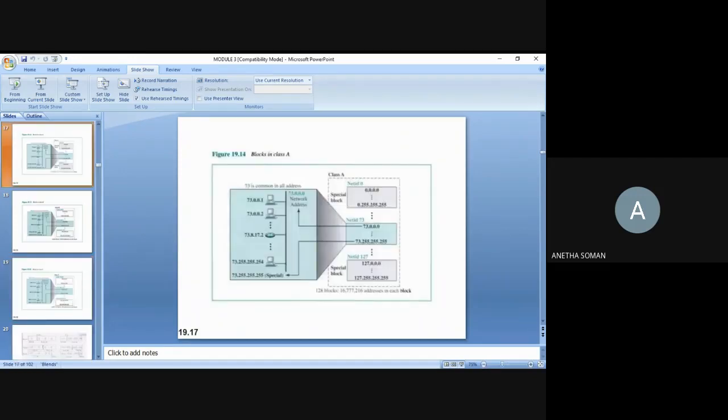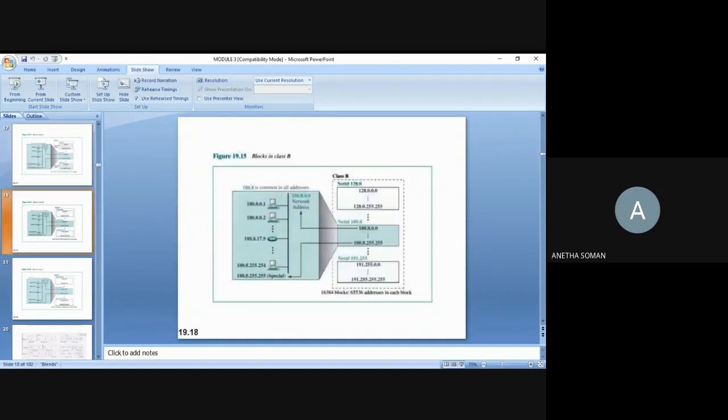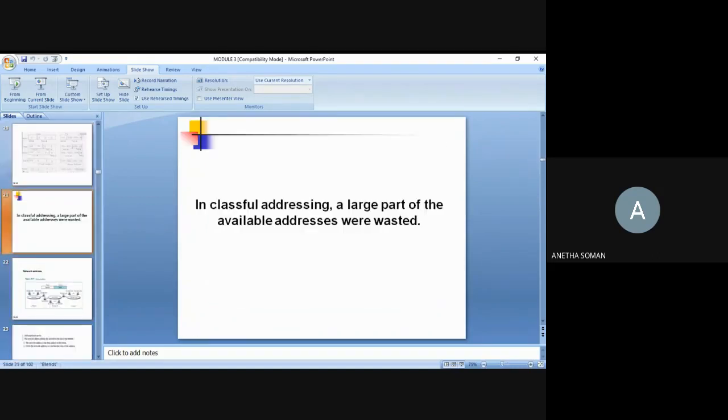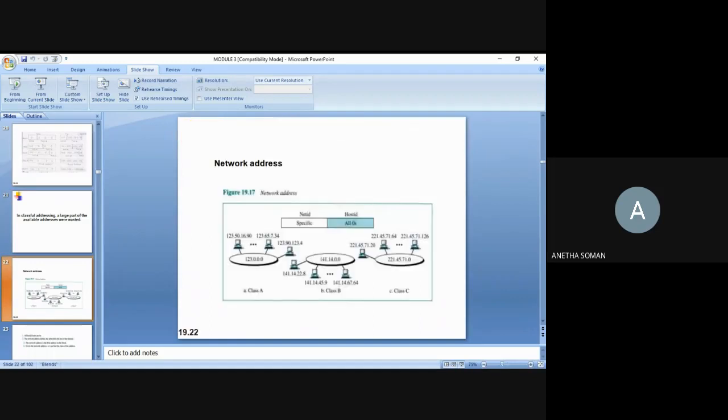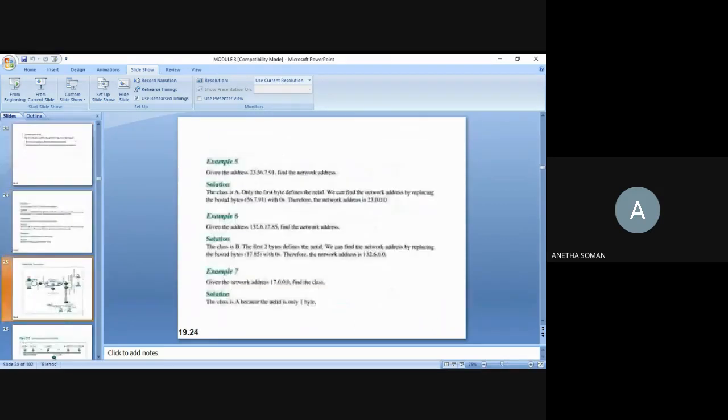And you have seen the values in that. And you have seen the concept of network address. What is the importance of network address? How is a router able to get the network address?